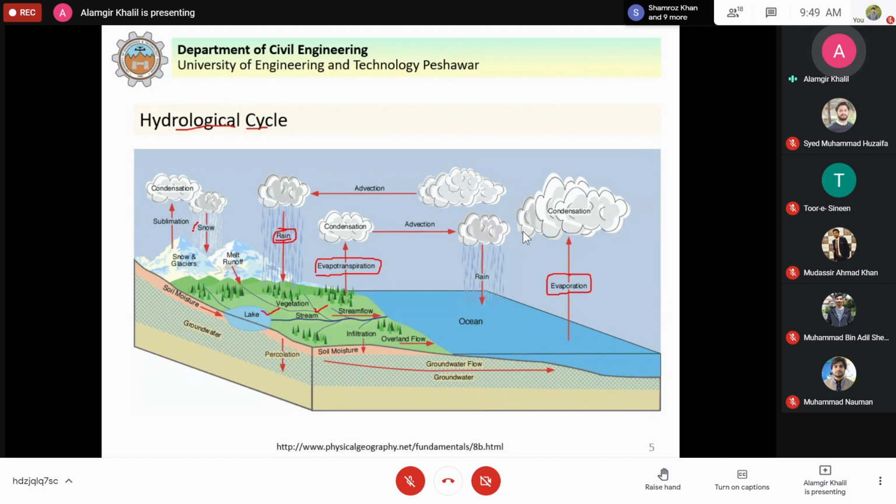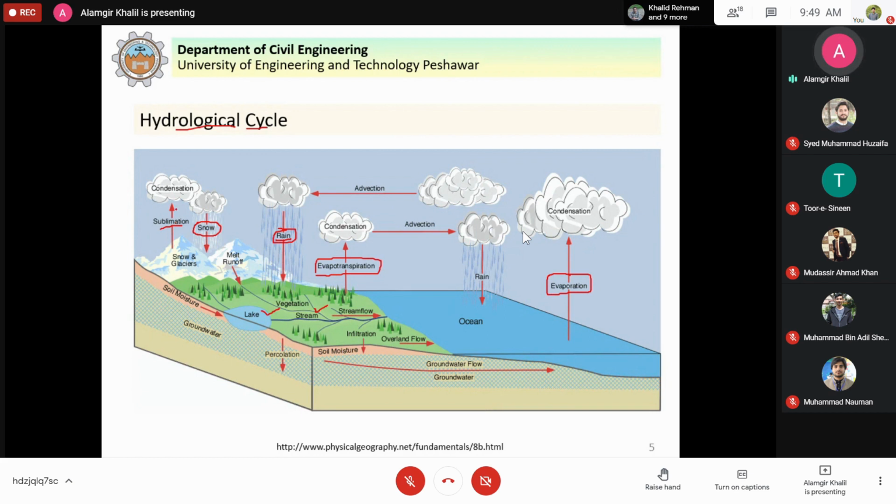Also, we can have snow on mountains, precipitation, a general term used. And then there can be sublimation. This snow is changing to the vapors without the liquid form. Sublimation.